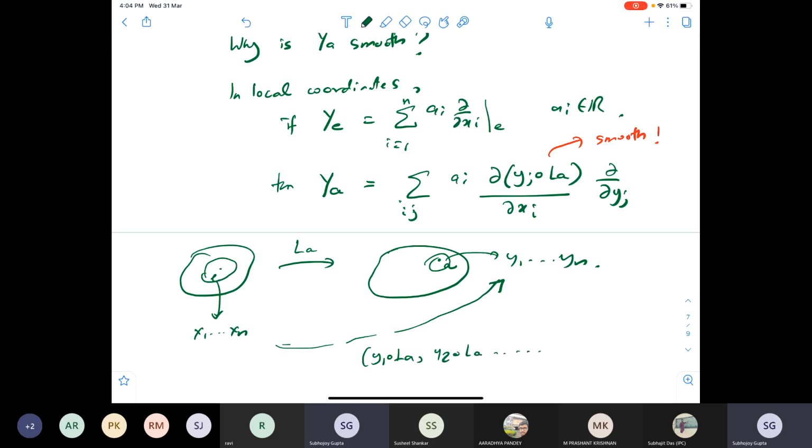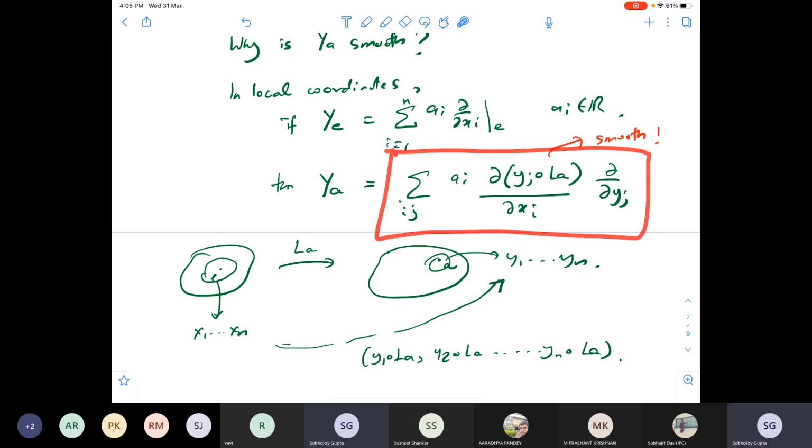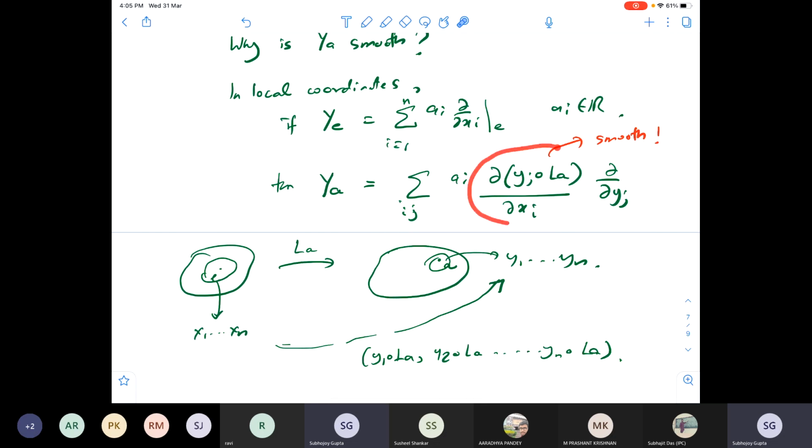So there are some coordinate functions, and these partial derivatives appear when you look at the derivative of the map at the level of coordinate functions. Then you're sending this vector that I have here by just multiplying by that derivative matrix, and this is what you get, right? And the point is that these coordinate functions are smooth, so you get a smooth vector field.